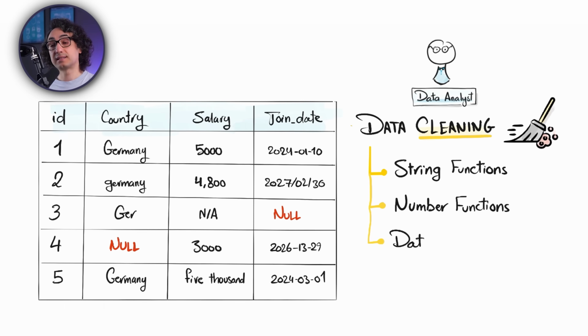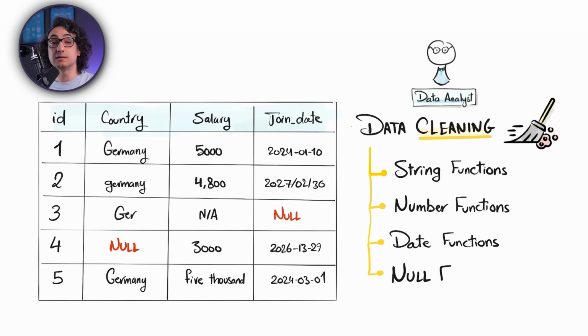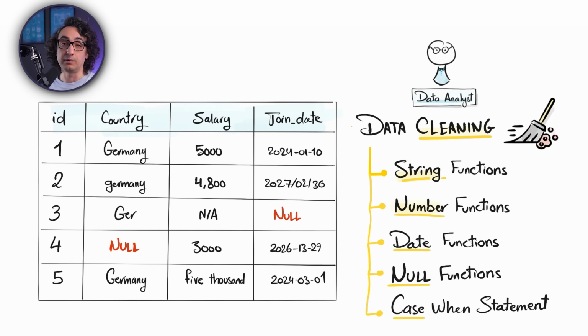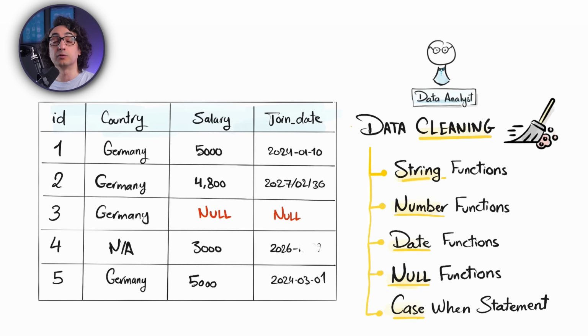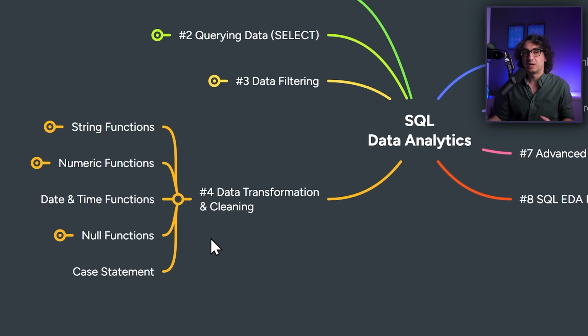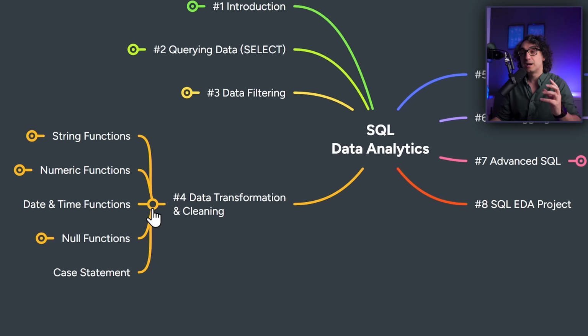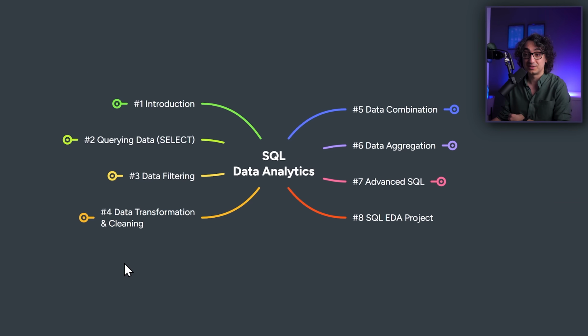We have functions that can handle the missing values, the nulls, and as well we have CASE statements in order to build standards in our data. Those tools and functions are very important to understand and to learn in order to clean up and transform your messy data into something that is ready for analysis. So now, once you learned all those functions, you have enough tools to do data transformations and cleaning.